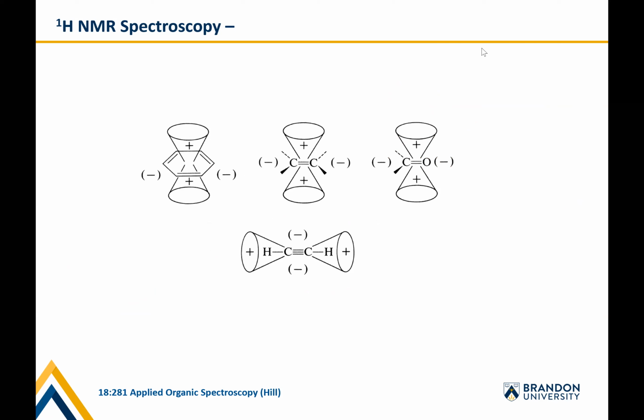So what these diagrams are basically showing is that the negative parts are zones of de-shielding. So negative equals de-shielding, so this is high ppm.